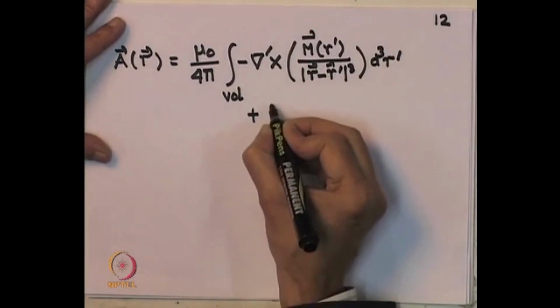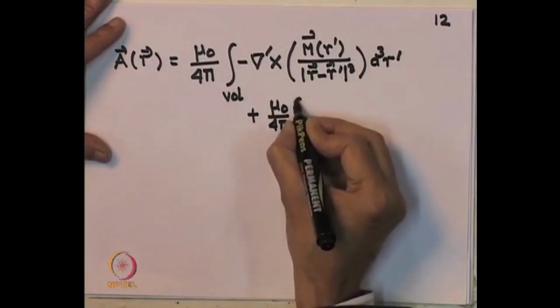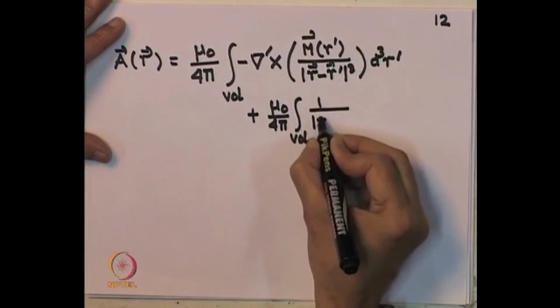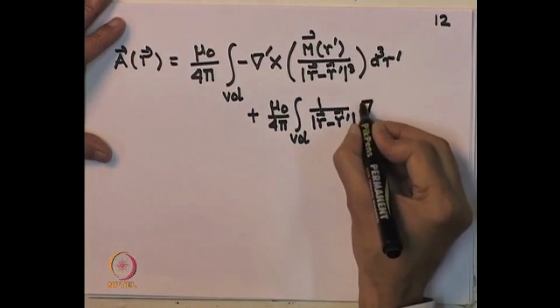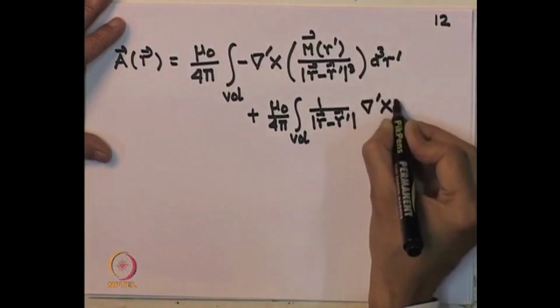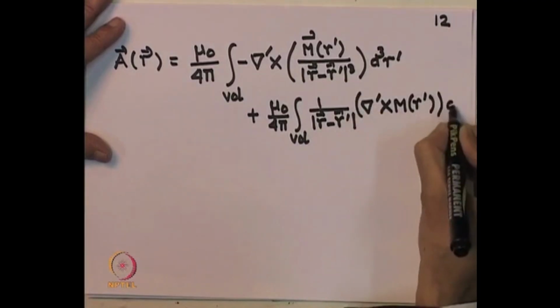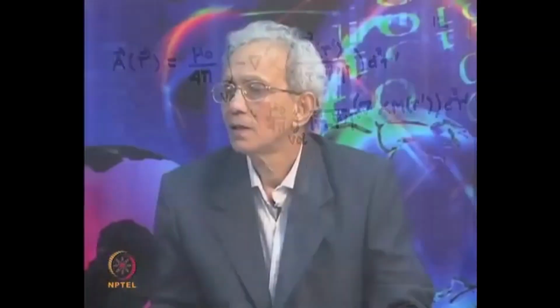plus mu 0 by 4 pi, integral over volume again, 1 over r minus r prime, that is the scalar, times del prime cross m of r prime, d cube r prime. Now, let us look at this. How do I simplify this?